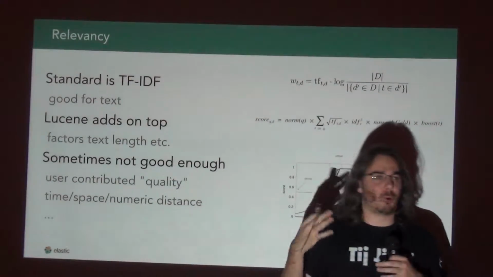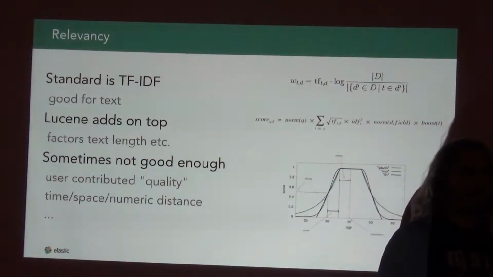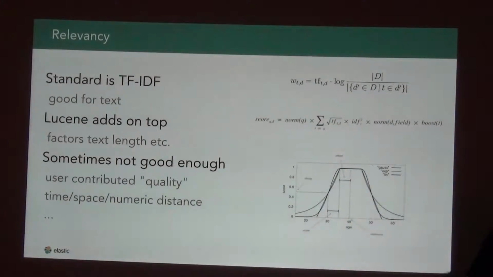It's a formula, or it's actually an input to a formula where TF stands for term frequency. Essentially, how many times have we found this word in this document? And then there's IDF, which is inverse document frequency, which is essentially just saying how many documents contain this word.